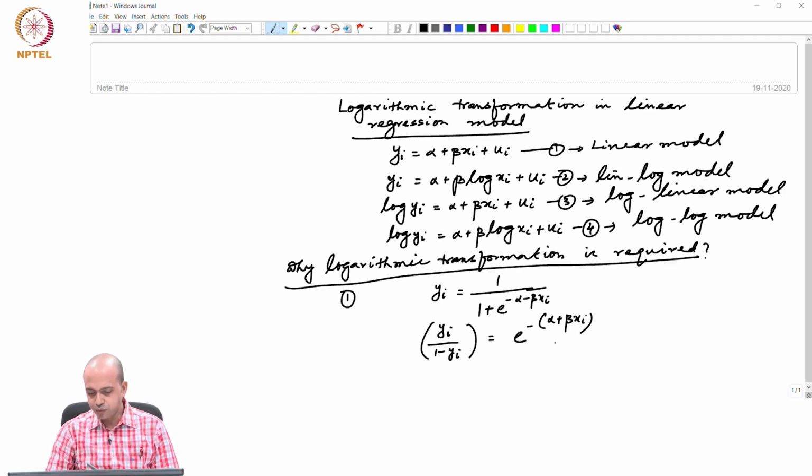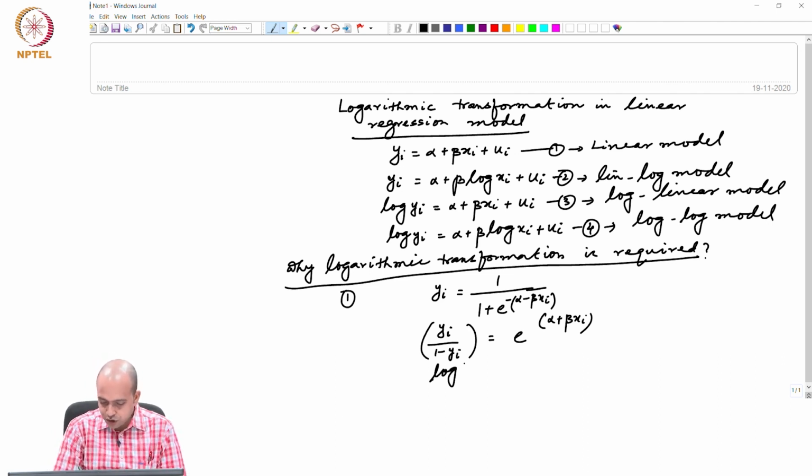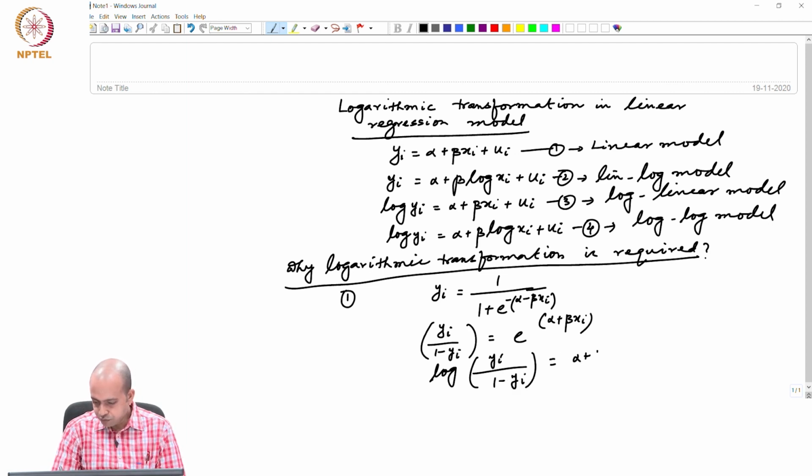It would become e to the power alpha plus beta xi, and then if you take log of this yi divided by 1 minus yi, it would become alpha plus beta xi.